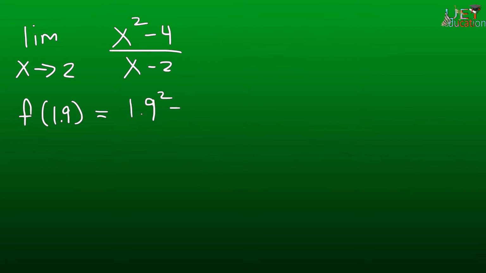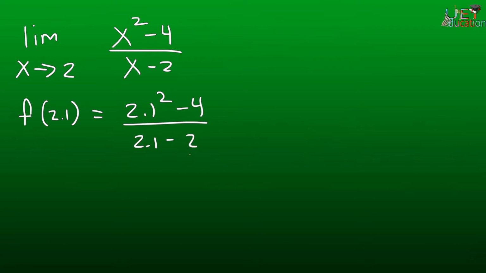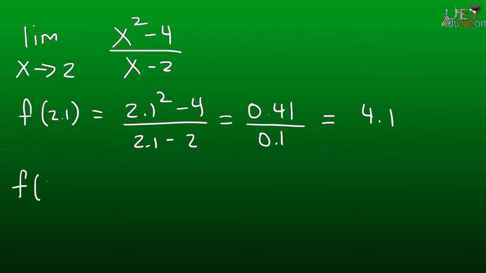Actually, let's make it 2.1, so let's get a positive answer instead of a negative one. 2.1 squared minus 4 is about 0.41, and 2.1 minus 2 is 0.1, so this is going to be 4.1. Now what if we pick a value that's even closer to 2? For example, let's try 2.01.